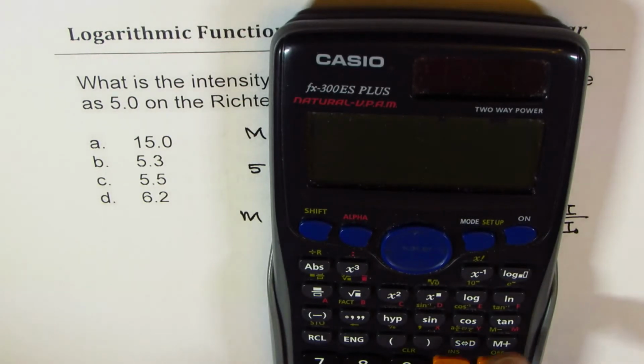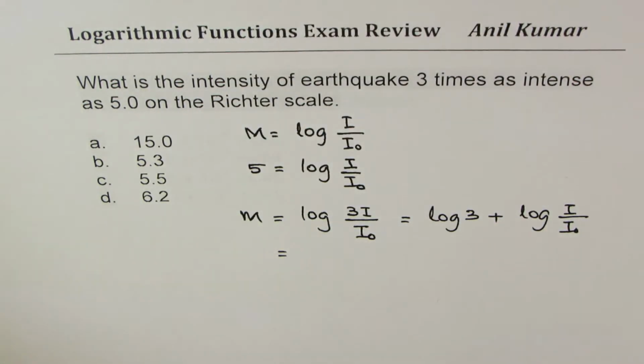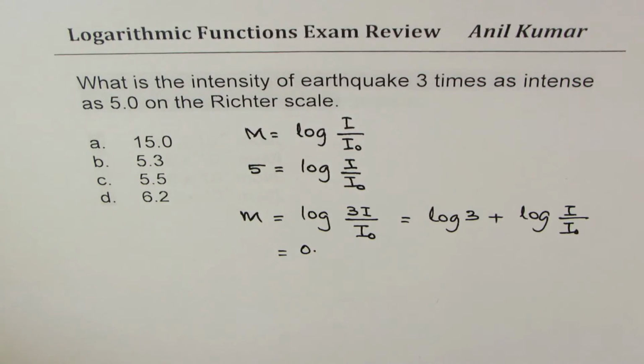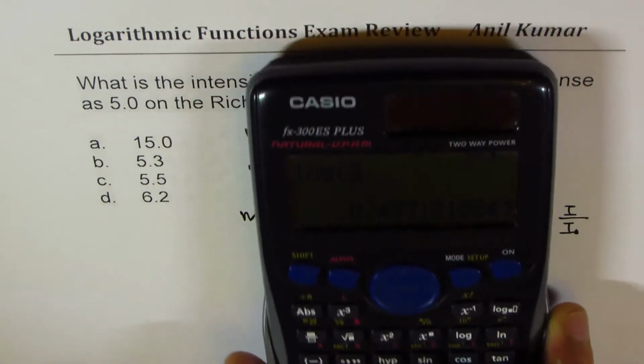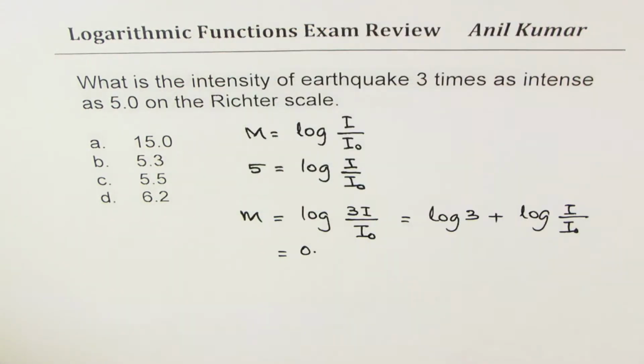So log of 3 is equal to 0.477. So let me recheck this value. Log of 3 is equal to 0.477.